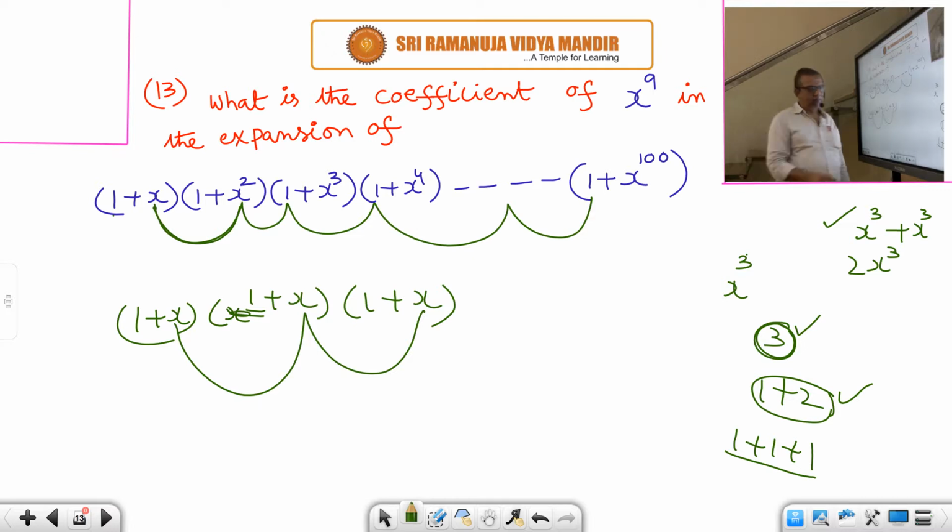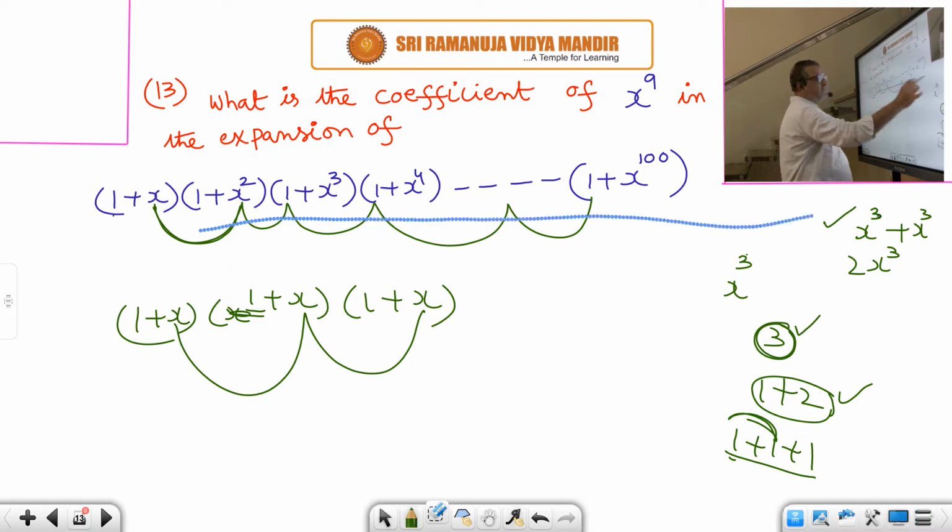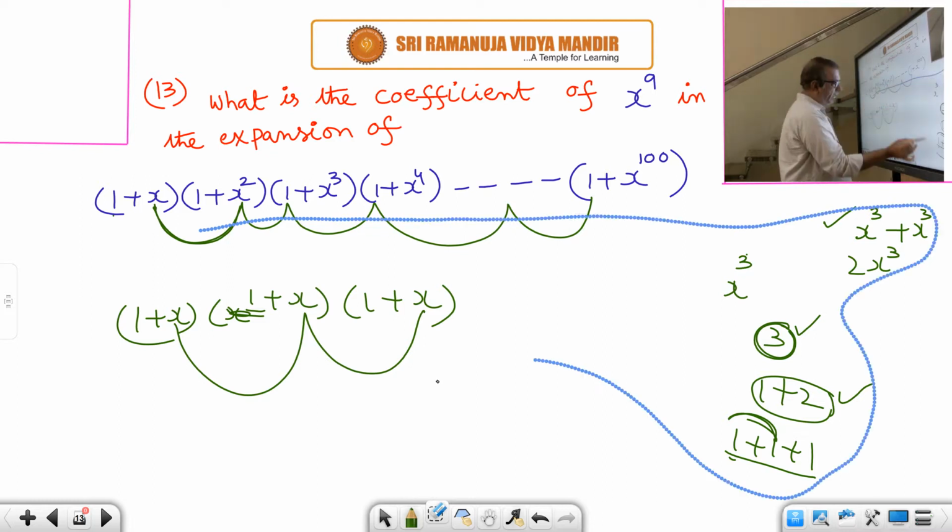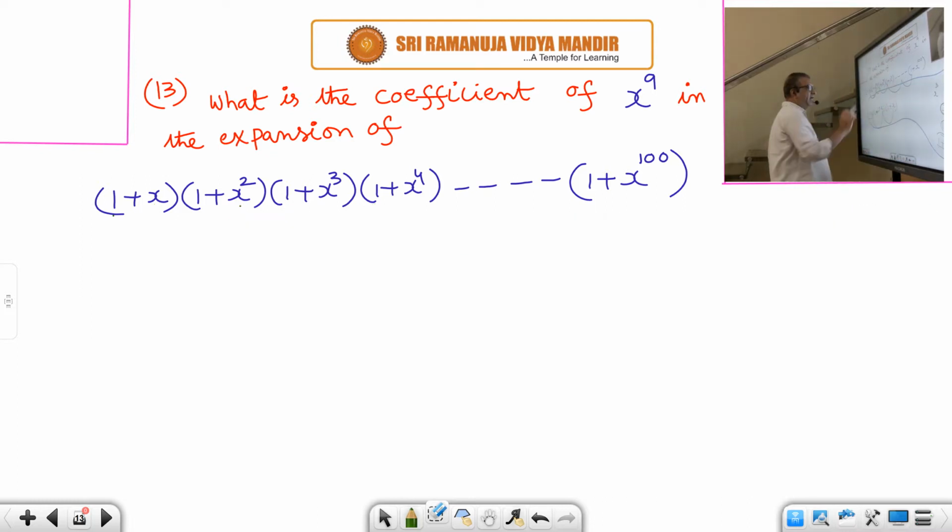Repetition of any number is not possible, because 1 plus x square occurs in only one bracket. There is no other 1 plus x square. So what is important here, to find the coefficient of x power 9, is how you can write 9 in different ways. First, the single number 9.